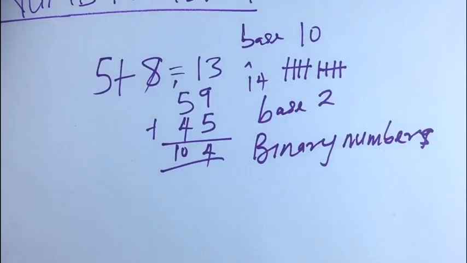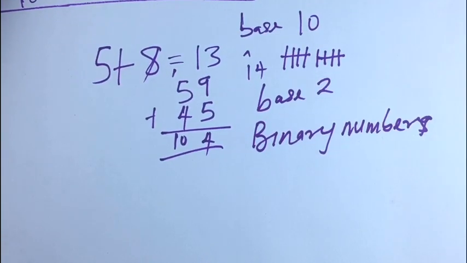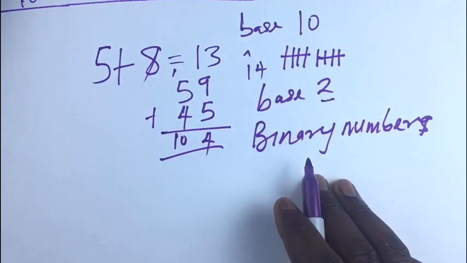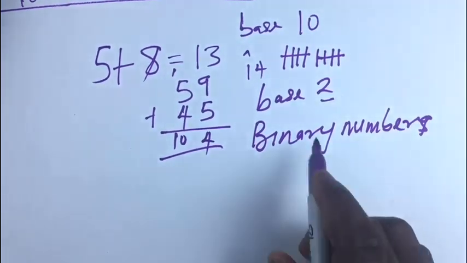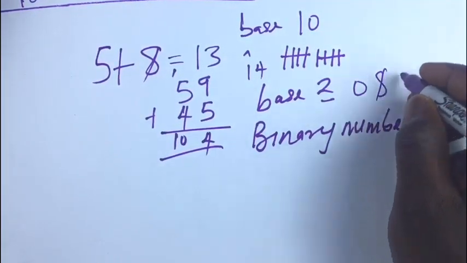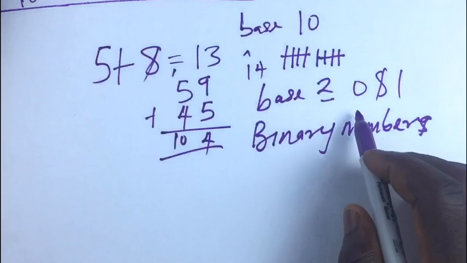Now these numbers are called binary numbers because, as you can see here, this is 2. So the only set of numbers we can have in this number base system is 0 and 1.